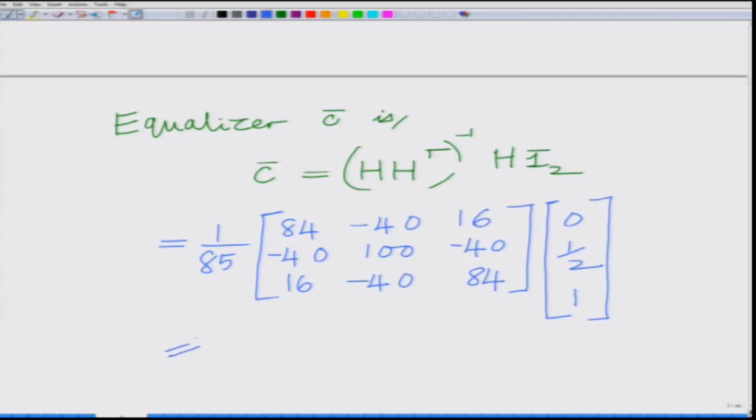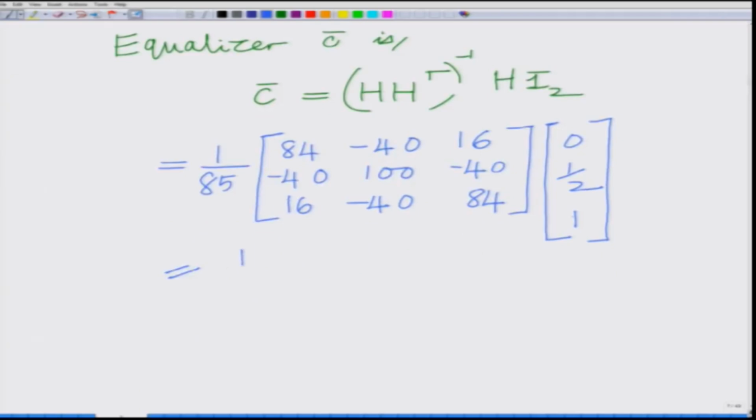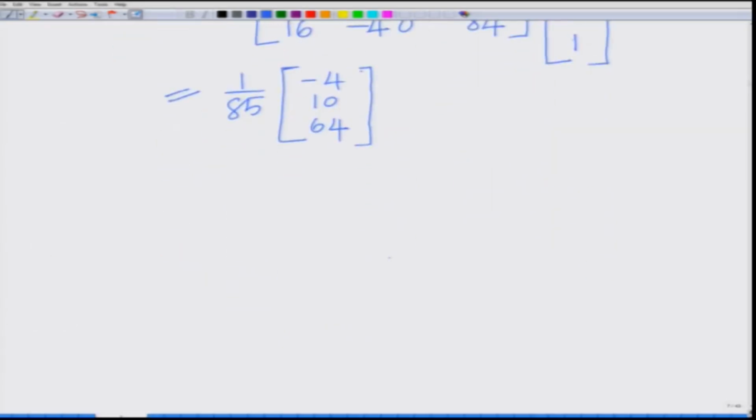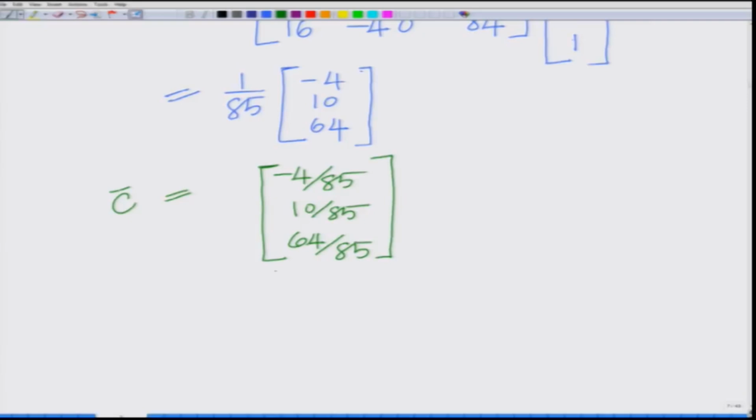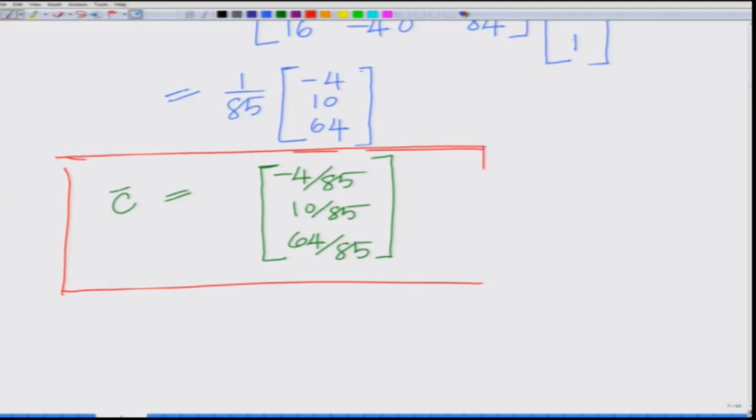When you multiply, you can check this, what you will get is 1 over 85 times minus 4, 10, 64. Finally, taking this 1 over 85 inside, C bar is minus 4 divided by 85, 10 divided by 85, 64 divided by 85, and this is basically the equalizer.